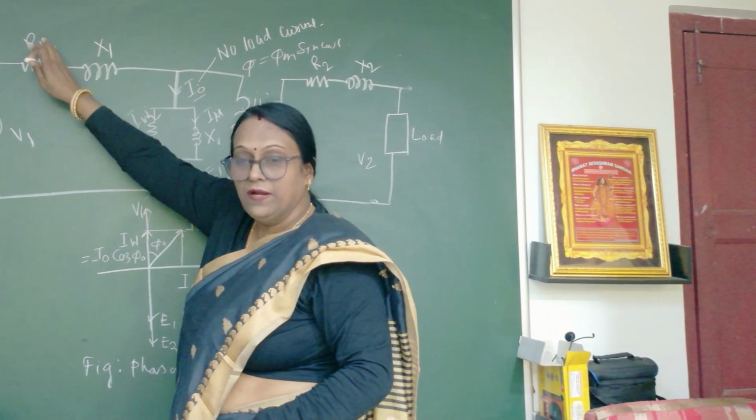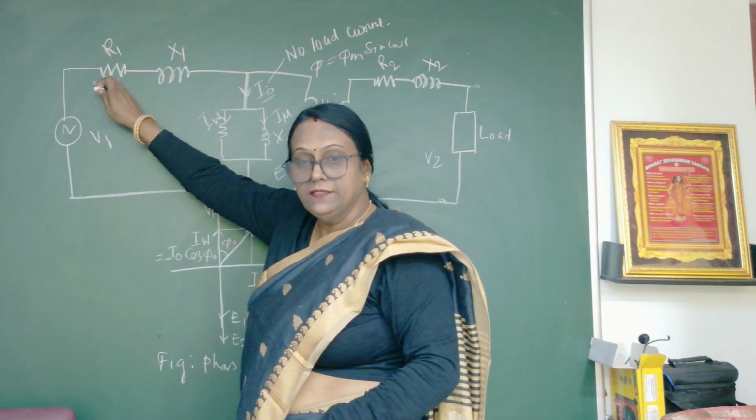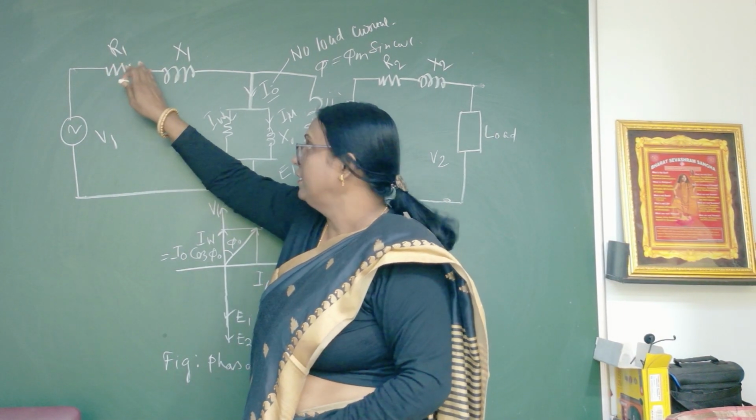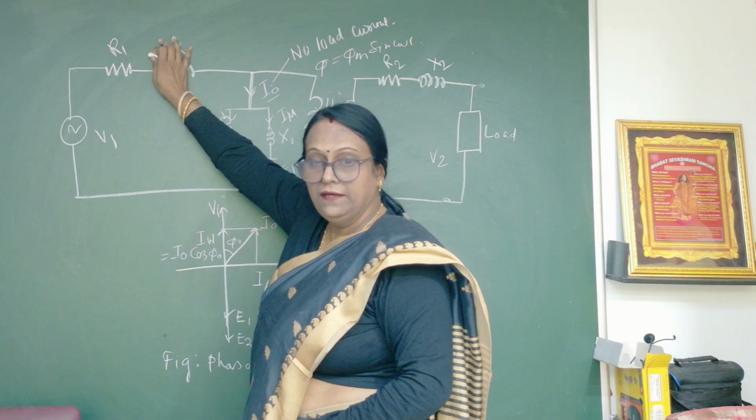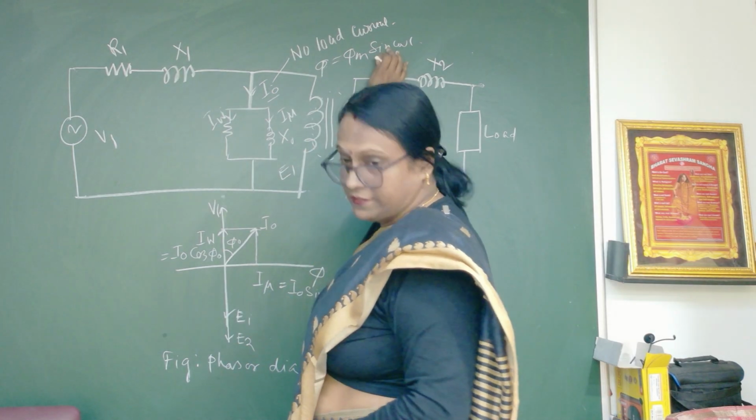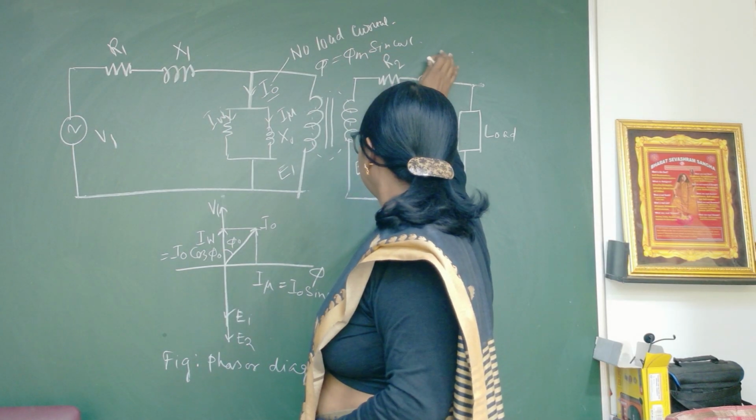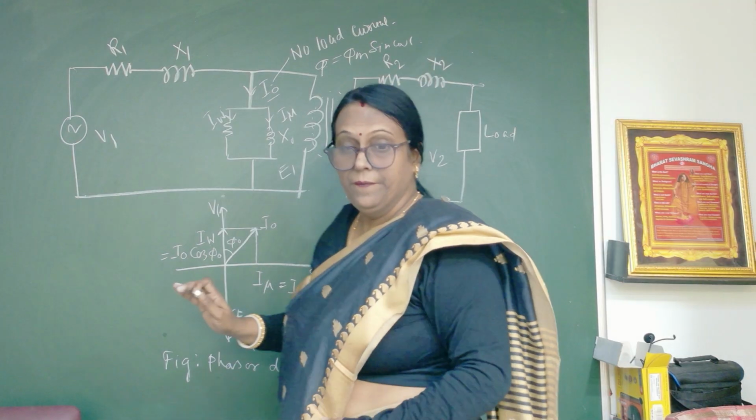R1 is the resistance of the primary winding and X1 is the reactance of the primary winding, and R2 is the resistance of the secondary winding and X2 is the reactance of the secondary winding.